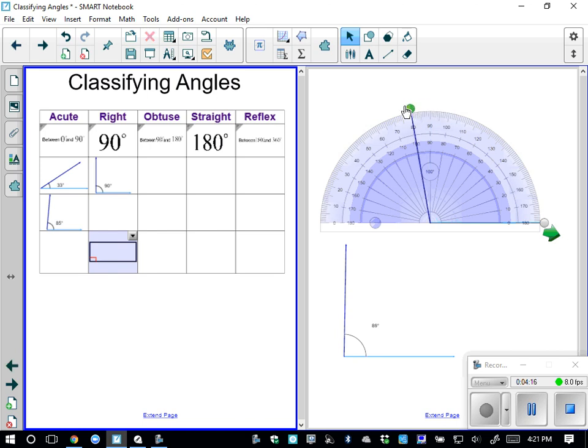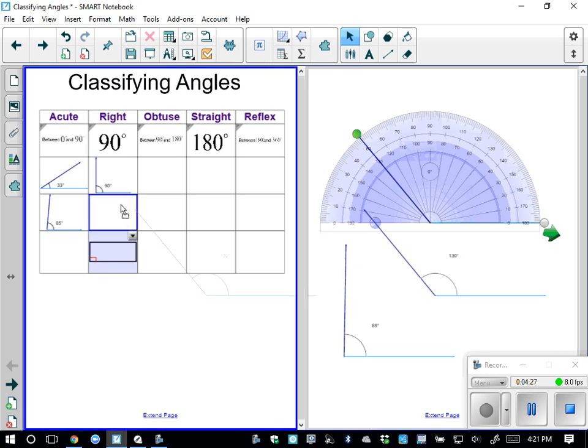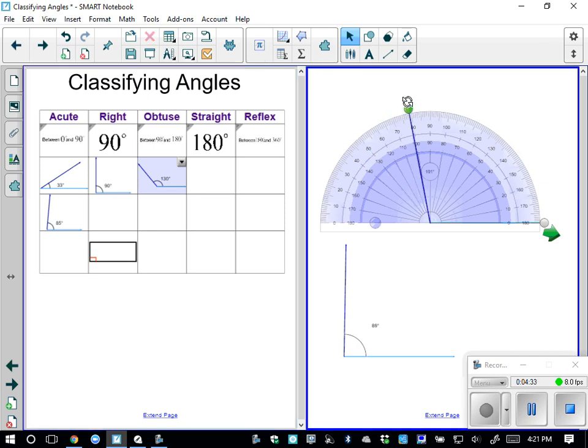Obtuse angles, just more than 90 degrees. So different examples of an obtuse angle. You guys like to think of them as kind of these big wide angles. So here's an obtuse angle. And again, they could be close to 90, but just a tiny bit more. Just a tiny bit more would still be obtuse.